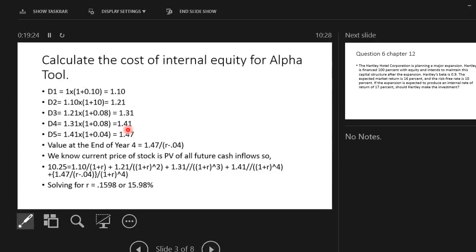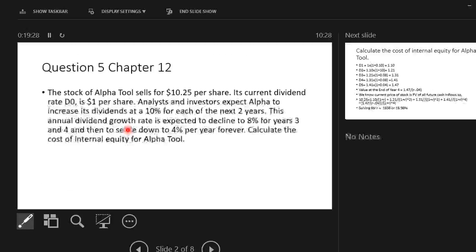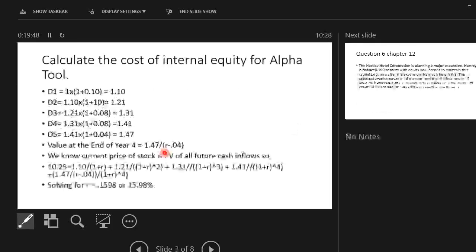Right, and then we are told that, let's go back quickly. The last part, they are saying, and then to settle down to 4% per year forever, right? So before we go further, let's just see how we're going to put that into effect.